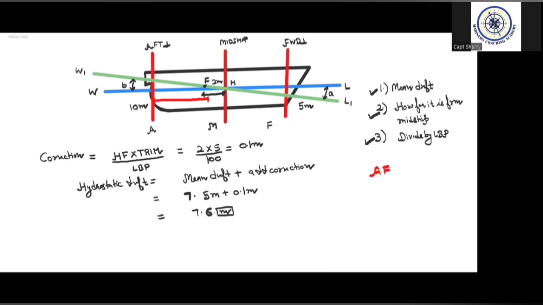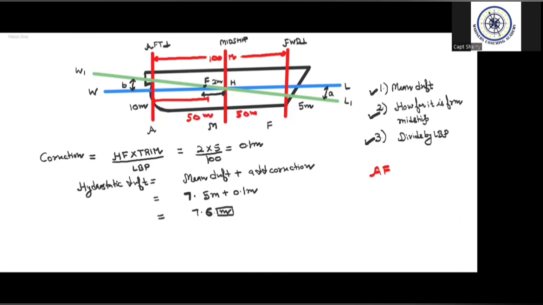Say, for example, my LBP was 100 meters. So at midship it will be 50 meters, so this is 50 and this is 50 meters.